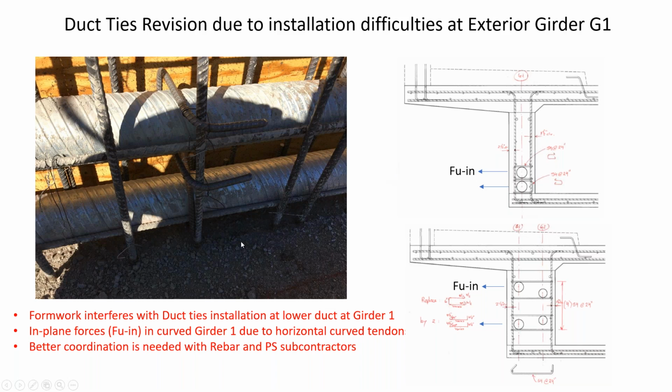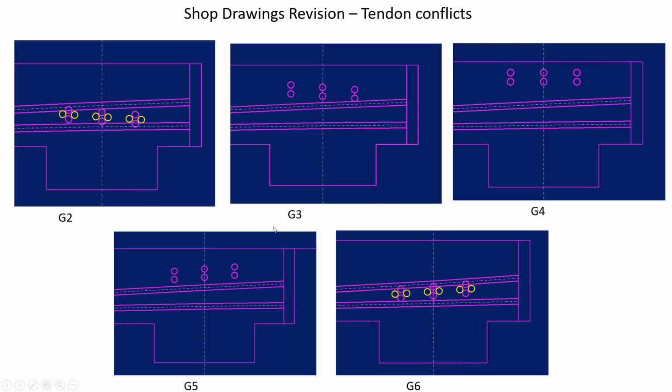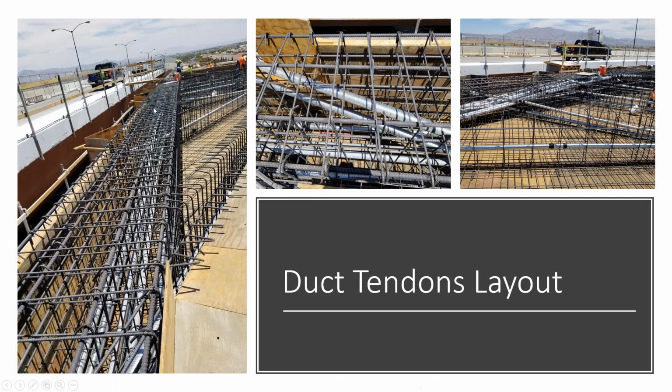I guess there needs to be more coordination between the reinforcing contractor and the post-tensioning contractor to make this happen. So we revised the shop drawings, making sure that there were no conflicts between post-tensioning, because there was post-tensioning of the girders and post-tensioning of the bend. Those conflicts we had to clear during the review of the shop drawings. Here you can see post-tensioning coming from the girders and post-tensioning coming from the bend.